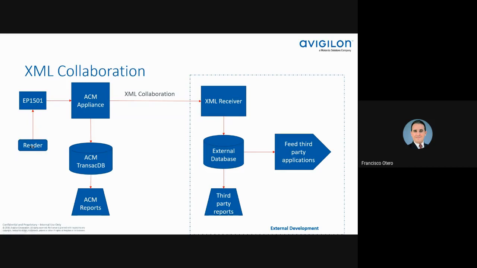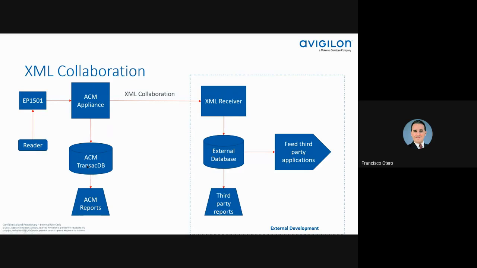Someone is going to go over there and present a card, and that card event, that transaction, either valid, invalid, unknown card, whatever it is, is going to go to the controller. The controller is going to send that to ACM, to the appliance, over Ethernet, over TCP/IP, right? So it gets into the appliance, and then the ACM application will write that into the ACM transactional database, which is a PostgreSQL.